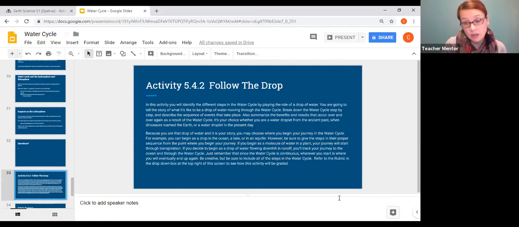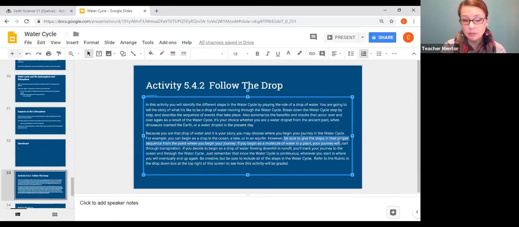However, we're not all creative. We're not all able to think in terms of being a drop of water. So that's perfectly fine. Again, the importance is to be sure to give the steps in their proper order from where you begin, and make sure that wherever you start is where you eventually end up. Okay.